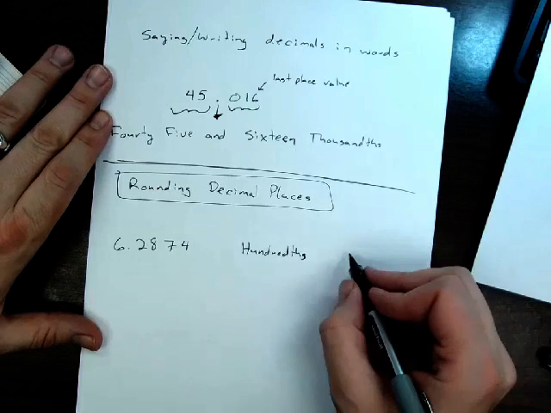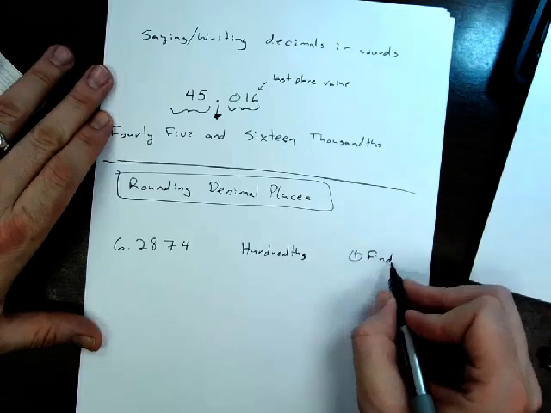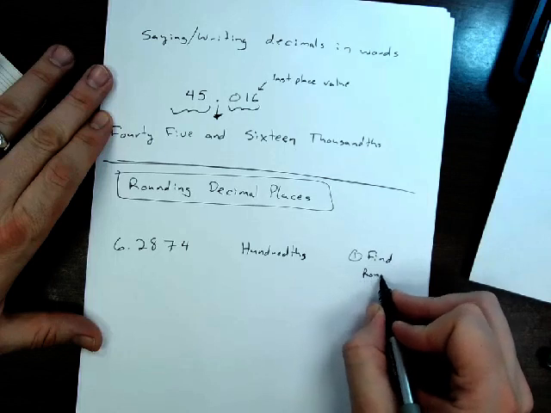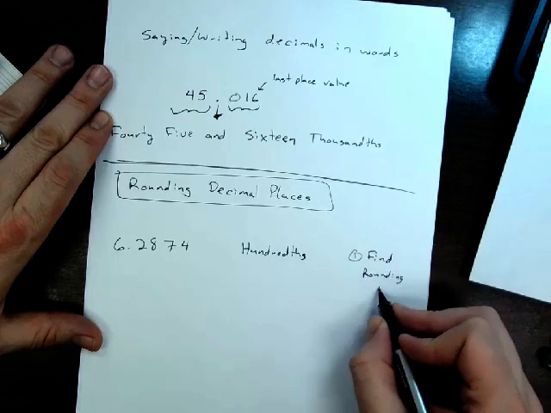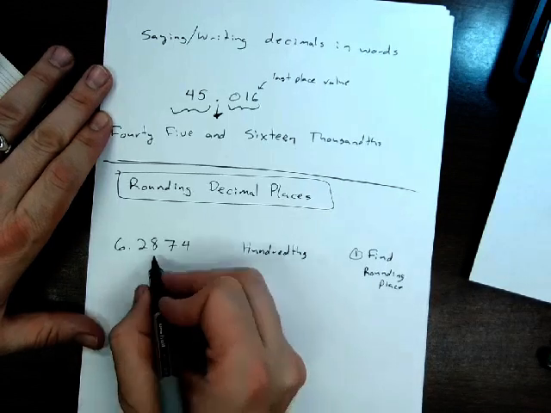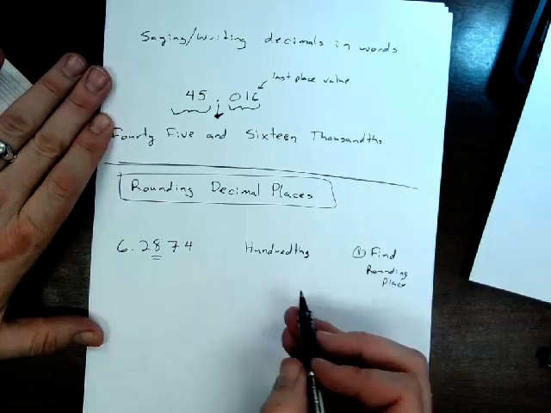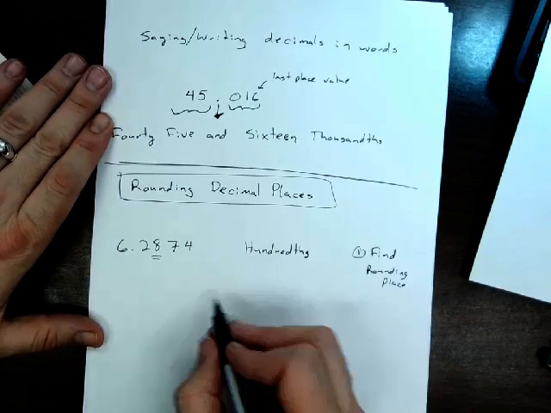Remember what we did first. First thing that we did is we are going to find our rounding place. Here are our tenths and our hundredths. It's right there. Hundredths is something that we're going to do a lot of because our currency is in hundredths.